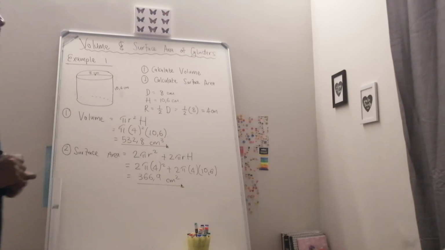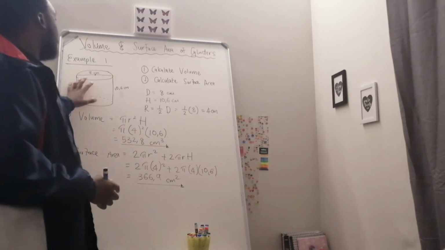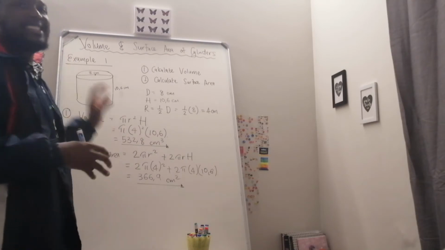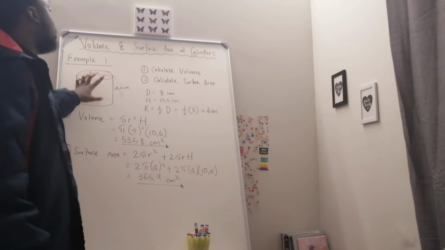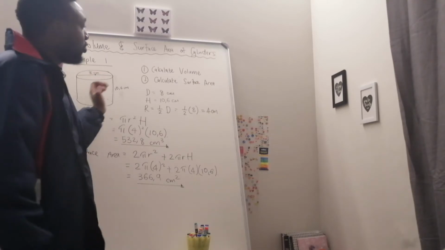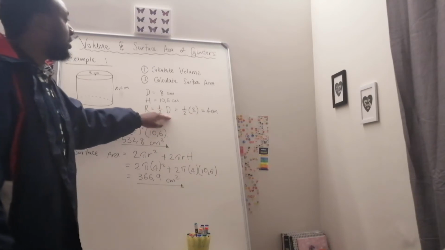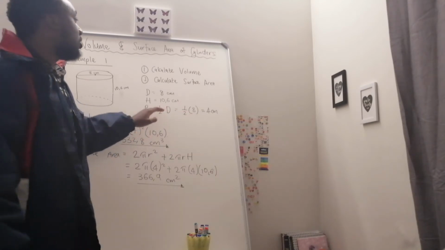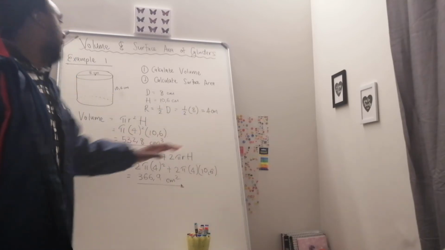And that's it. So let me just run you through it again. In this specific example of the cylinder, we were given the diameter. So you need to move from diameter to radius, and this is how you move. Half of the diameter will give you the radius. So half of 8 will give me 4, right?